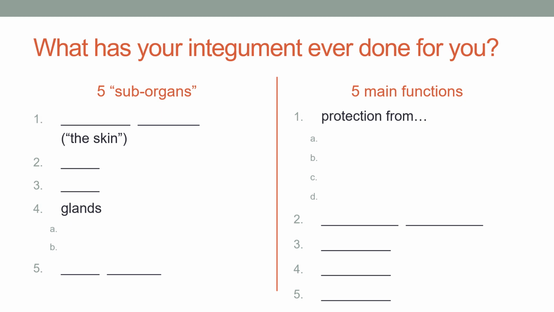While you're doing that, you can also look over on the right side of this slide, where there are 5 main functions of the integumentary system. See if you can list out what those are. So hit pause, take a few minutes, and then we'll come back.